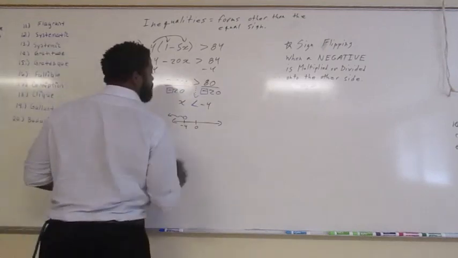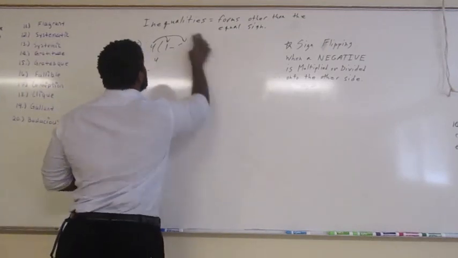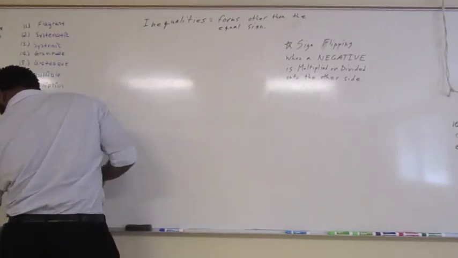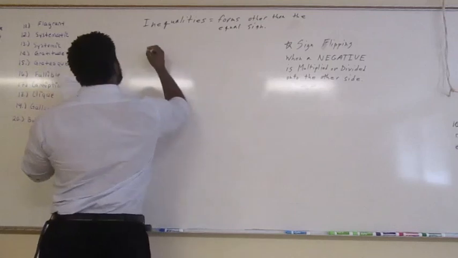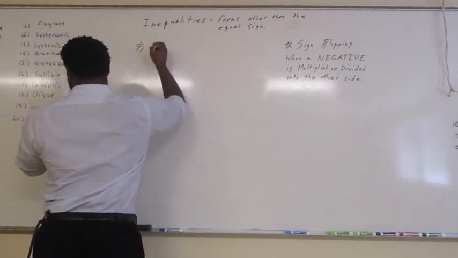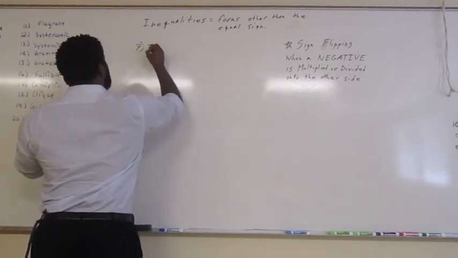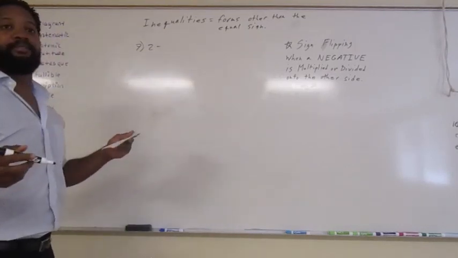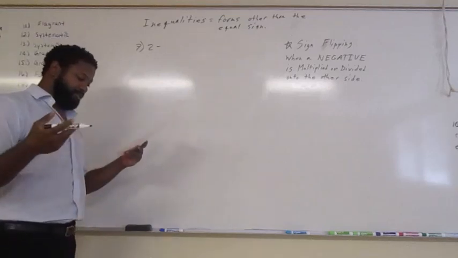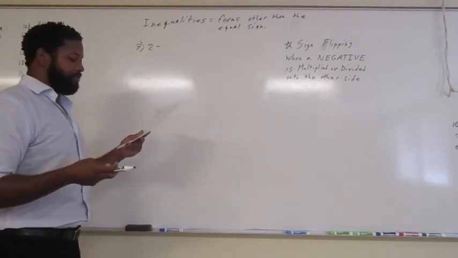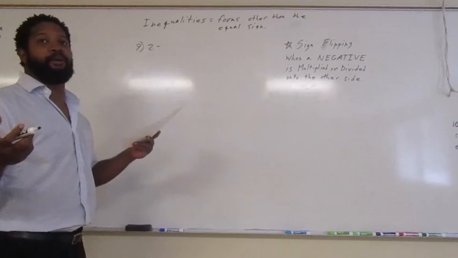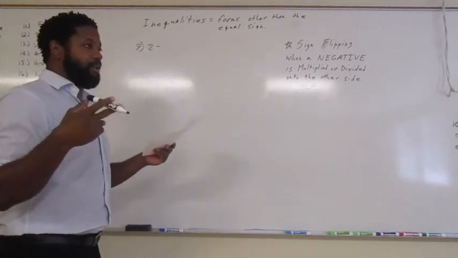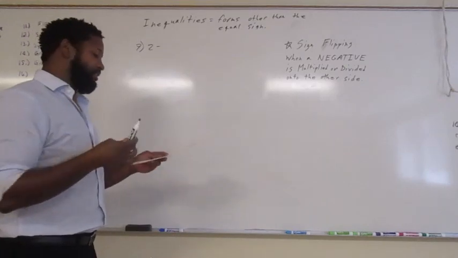Number 7. Now, 7 through 10, you have pretty much 2 distributive properties and a variable on either side of the inequality, all right?